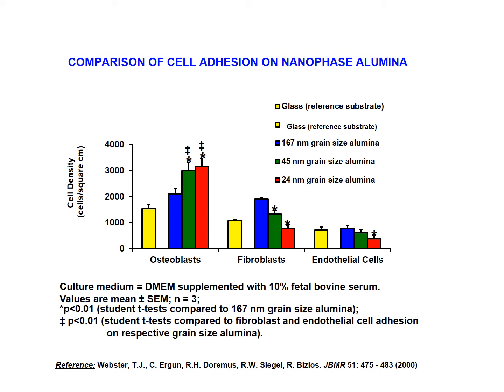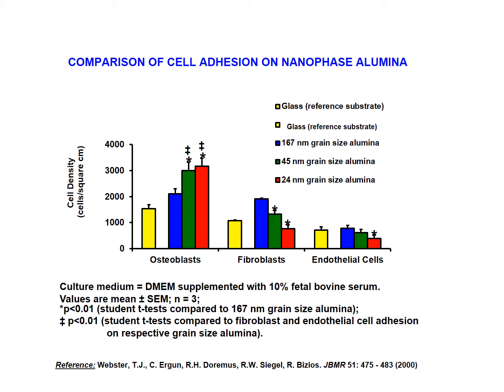The interesting thing is that there is some increase of that adhesion as the grain size is smaller. In contrast, adhesion of fibroblasts on the nanostructured ceramics compared to that on the conventional ceramics decreases as the grain size of the ceramic is becoming smaller and smaller.